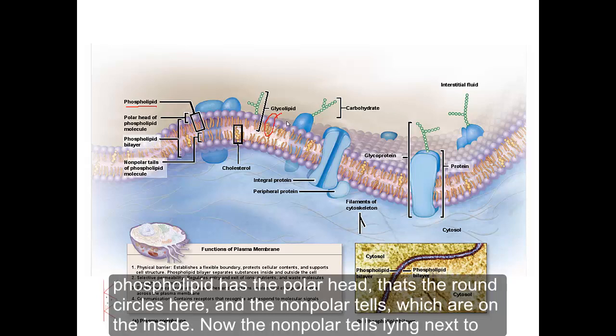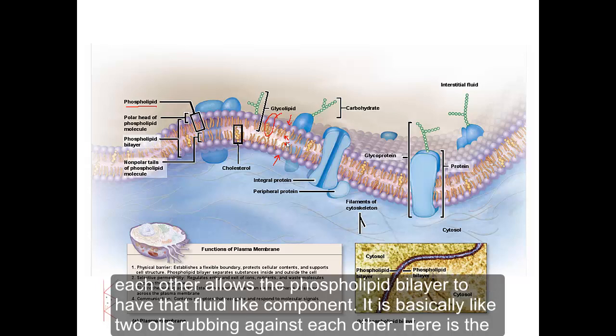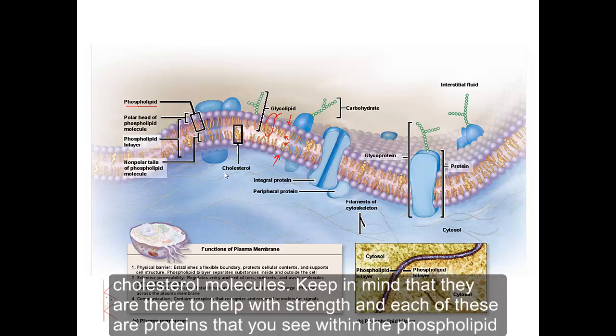Now, the phospholipid has the polar head, that's the round circles here, and the nonpolar tails, which are on the inside. Now, the nonpolar tails laying next to each other allows the phospholipid bilayer to have that fluid-like component. It is basically like two oils rubbing against each other. Here is the cholesterol molecule. Keep in mind that that is there to help with strength.